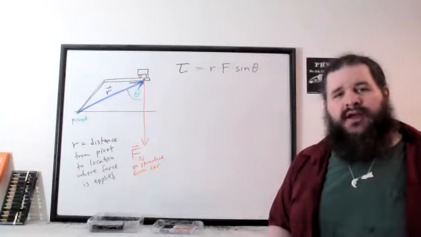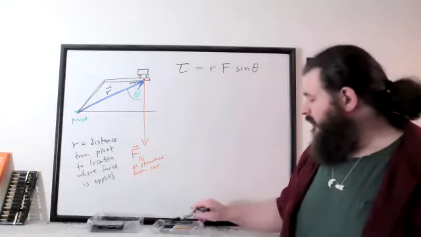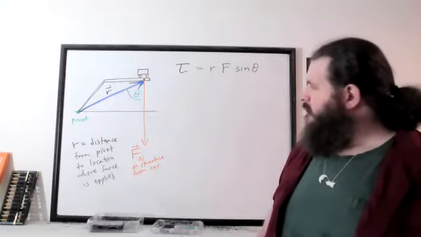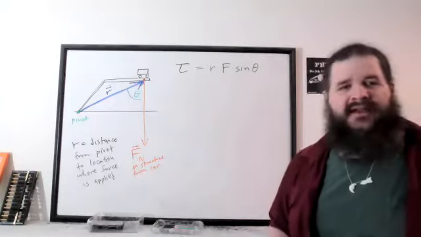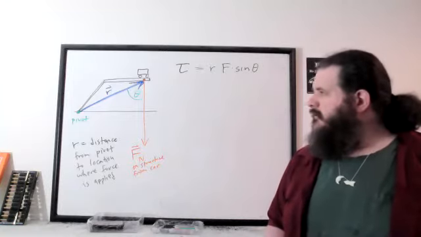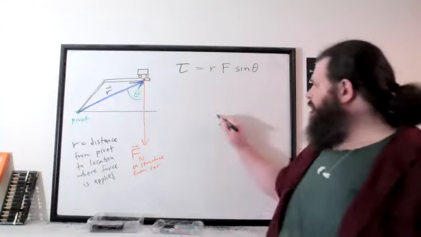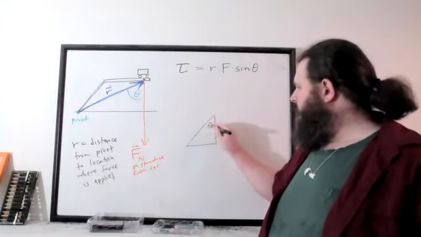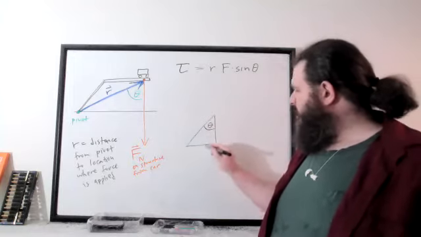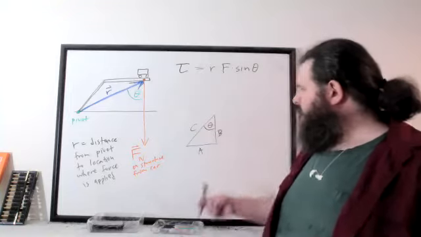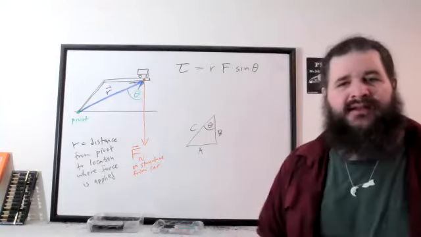But there's some other geometric tricks we can do here that sometimes make the calculation easier. For example, if we think about what sine of theta means in a right triangle context, if we have a right triangle, let's say we just call these side lengths A, B, C. What would sine of theta represent in this right triangle?